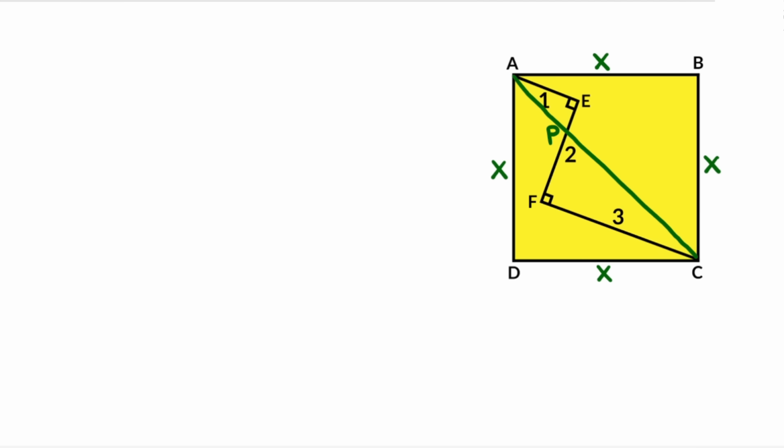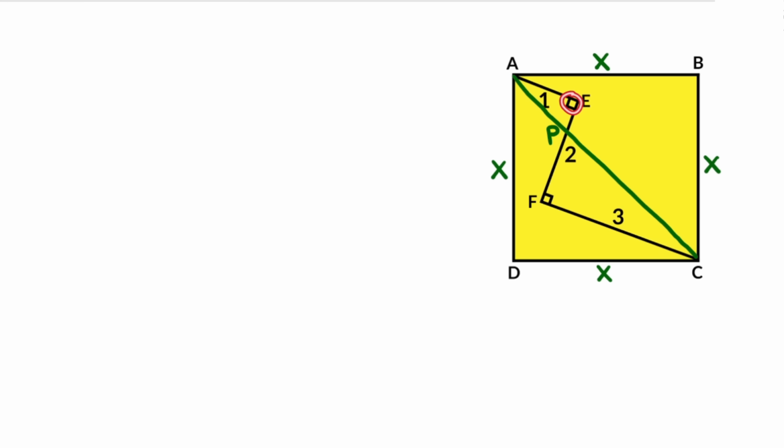And suddenly, our complicated-looking figure becomes much easier to handle. We now have 2 small right triangles, triangle AEP at the top and triangle CFP at the bottom. Let's look carefully at these 2 triangles.